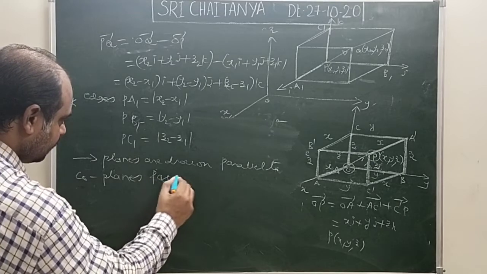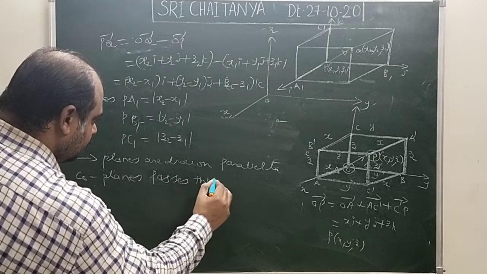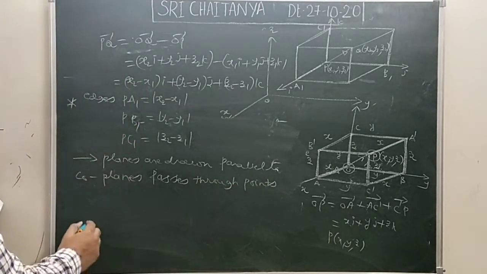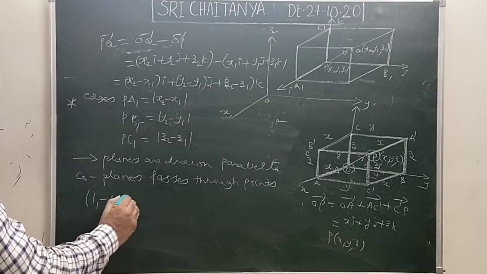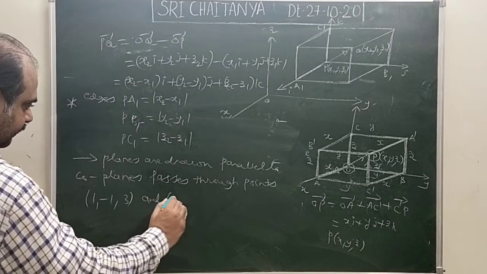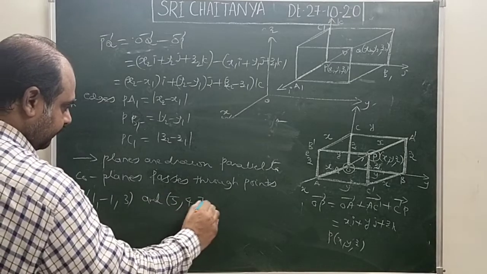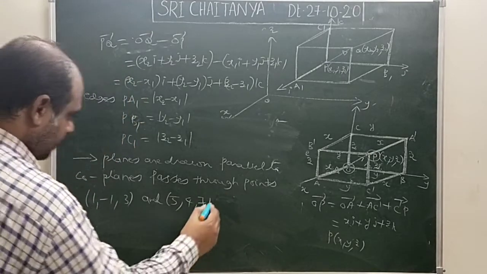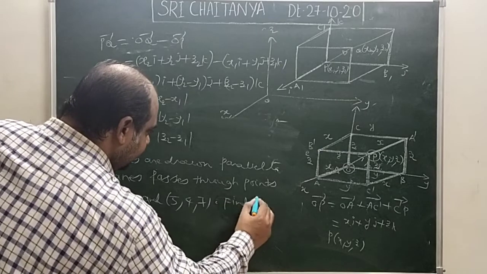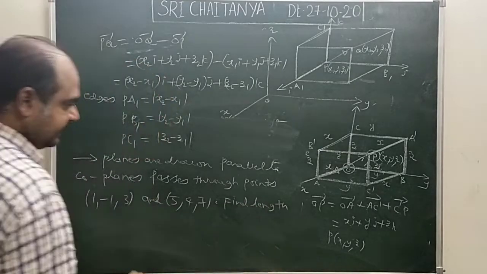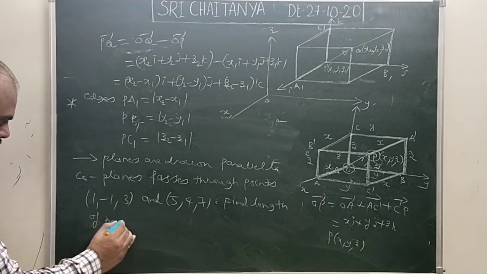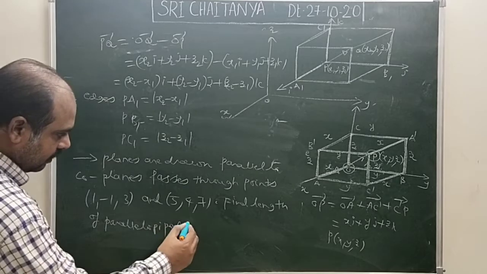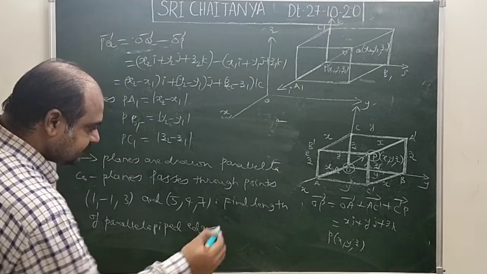They pass through the points (1, minus 1, 3) and (5, 4, 7). Find the length of the parallelepiped edges so formed.